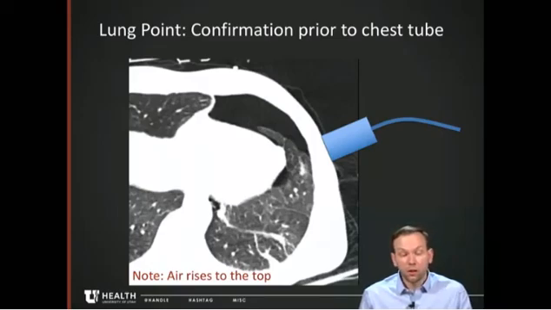So keeping in mind that air rises to the top, I want you to imagine this chest CT of this patient with a pneumothorax with the lungs slowly expanding and contracting with each breath. And you can imagine that there is going to be an interface, kind of a triple point, between the chest wall, the lung, and the air. And you can see that little black triangle where I have a probe looking at that exact location.